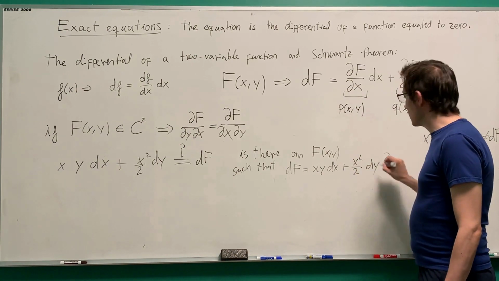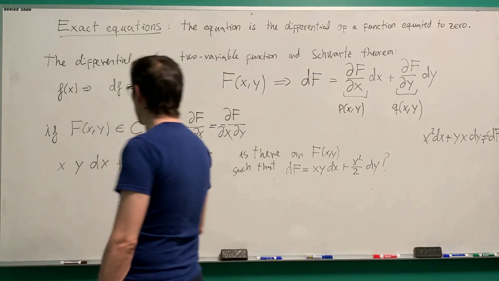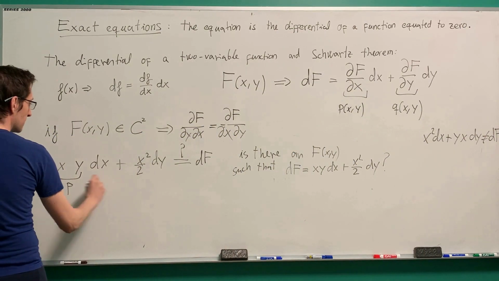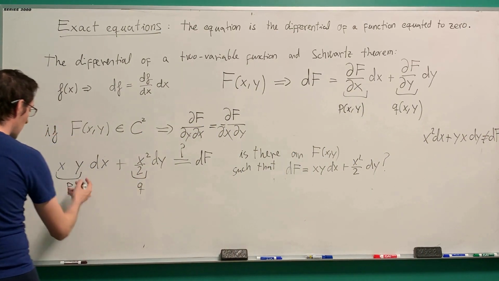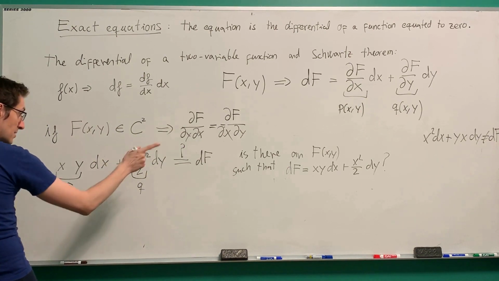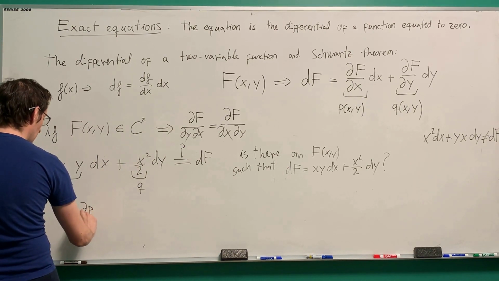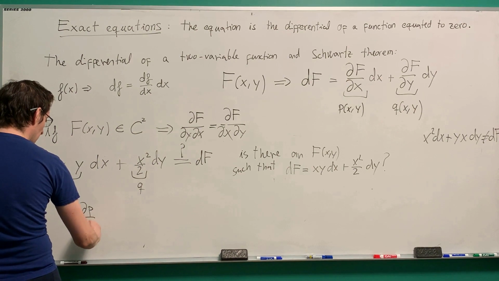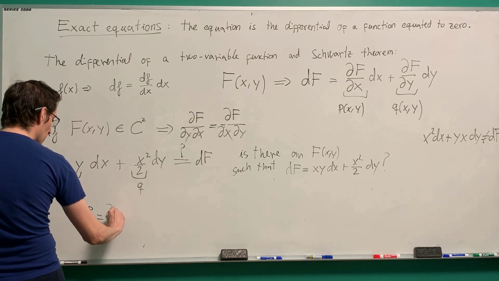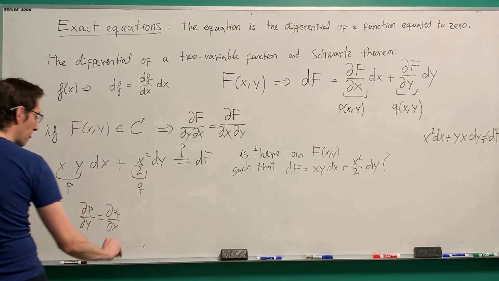So that's the question I'm asking. Well, let's see. This is p in this case, this is q in this case, and we know that if there is a function, then partial p, partial y has to be equal to partial q, partial x.